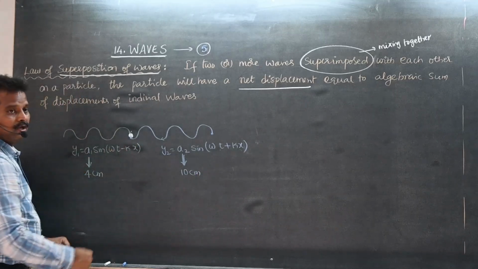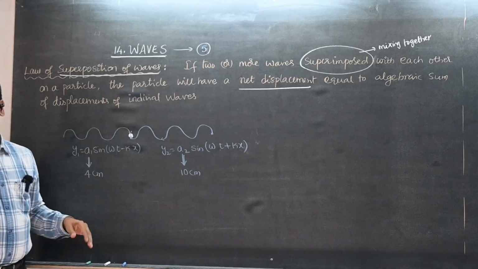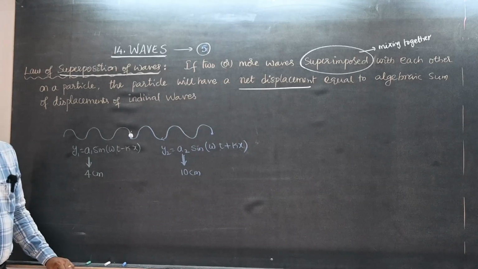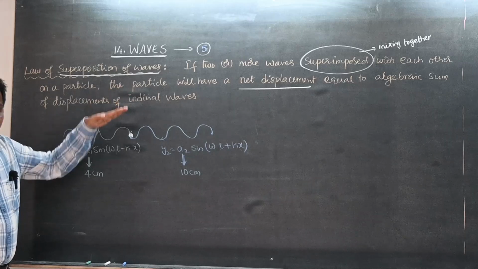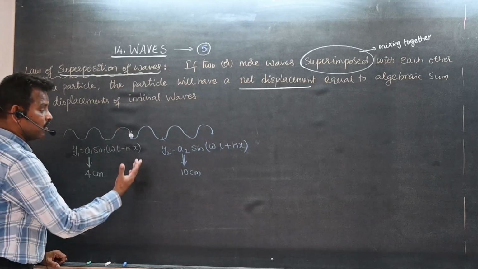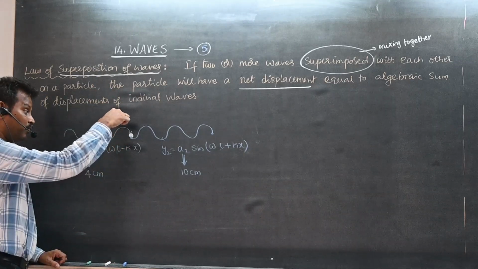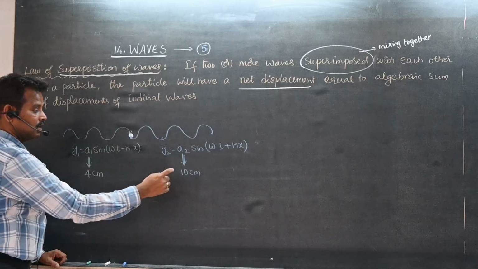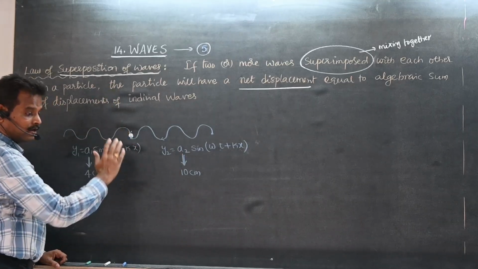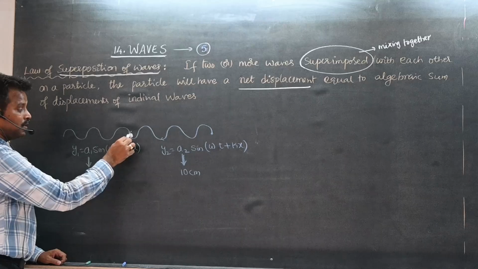Due to this, does the particle move up or down? The green wave pushes it down and the blue wave pushes it up. Green pushes by 4 centimeters and blue pushes by 10 centimeters. So what is the net displacement of this particle?